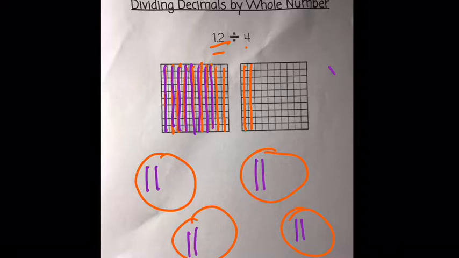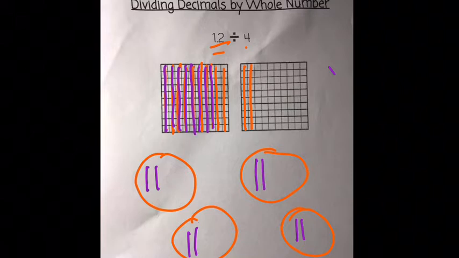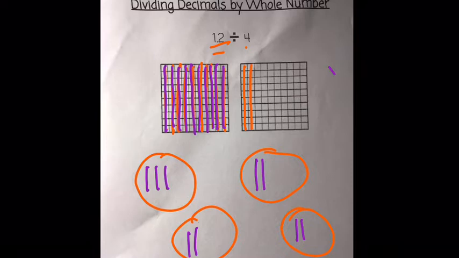I see that I have 4/10 left, so I'm going to give 1 to each group. And so each group has 3 rods, which is the same as 3/10. Therefore, 1 2/10 divided by 4 equals 3/10.